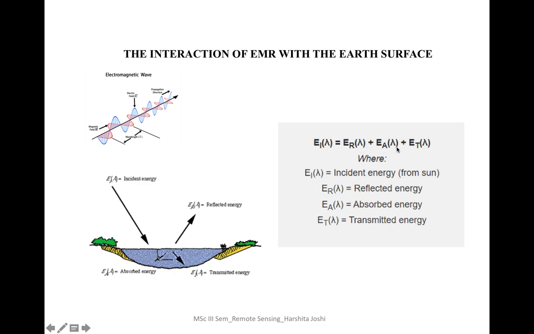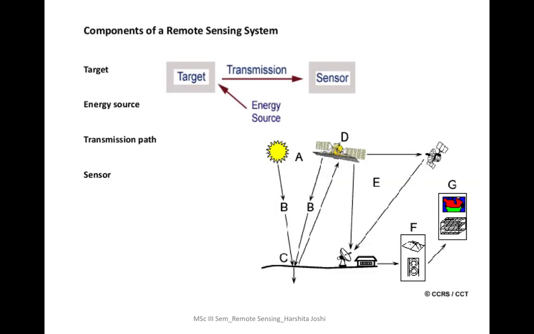This is how electromagnetic energy interacts with the Earth's surface. So while studying remote sensing in terms of geology, we will study its interaction with the Earth's surface mainly. On the basis of that, we will see how it is applied in various factors which we discussed in Unit 4 earlier in the syllabus discussion.